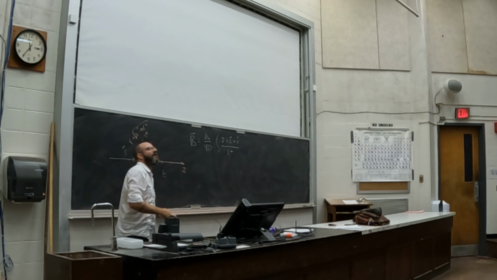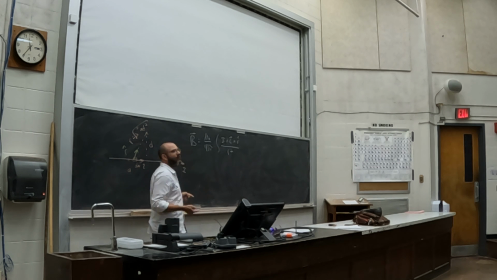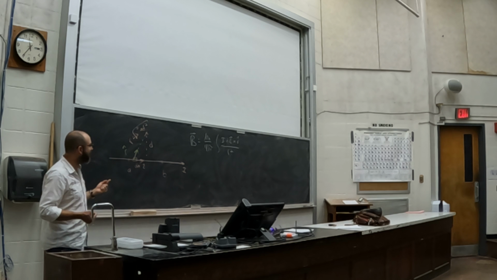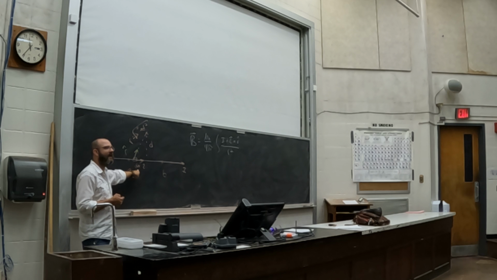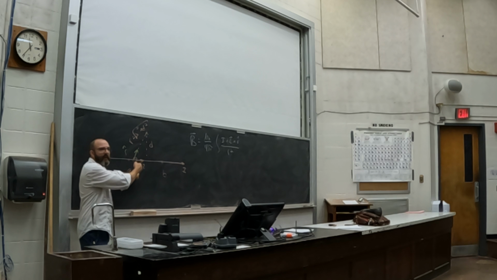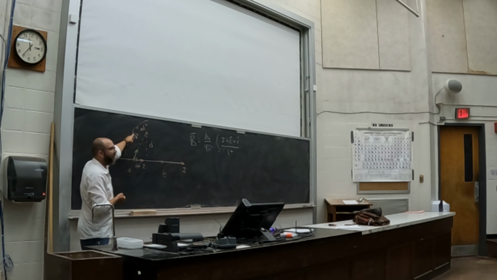R hat is a unit vector pointing from this differential path dl to my observation point, and r is the distance between them. This is my general form. To make it specific to me, I'm going to replace dl with dx i hat. dl is just my placeholder for my differential length. My actual path is along the x-axis, which leads to dx. To make it a vector, I just slap on the i hat. So dl will become this. r will become this. This is my distance, the square root of x squared plus d squared.